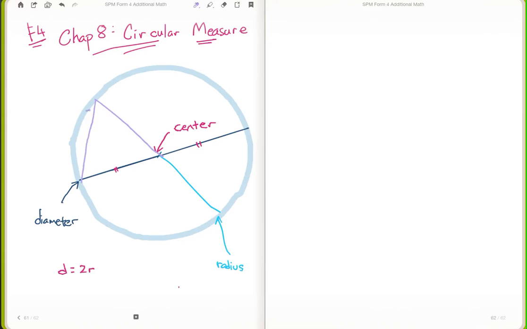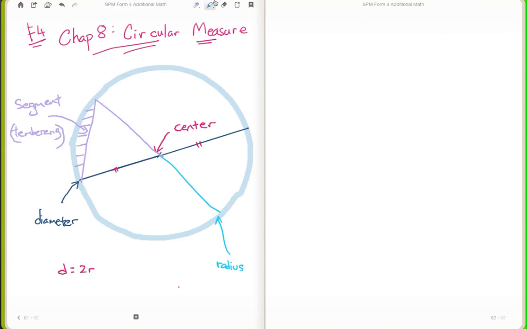Segment is this area. This area is called segment, or in BM is called tembereng, temberang.